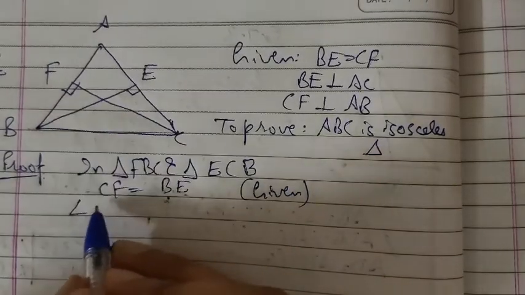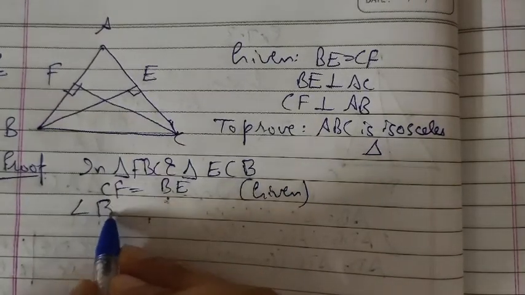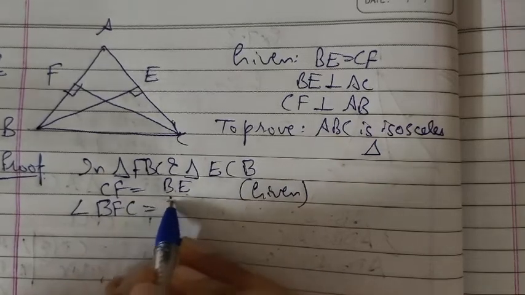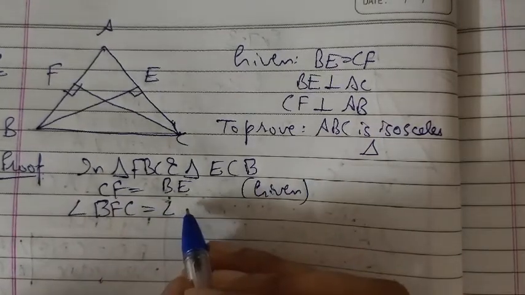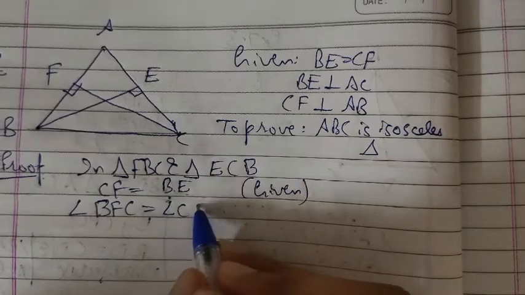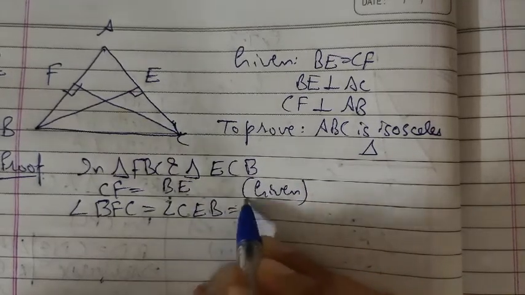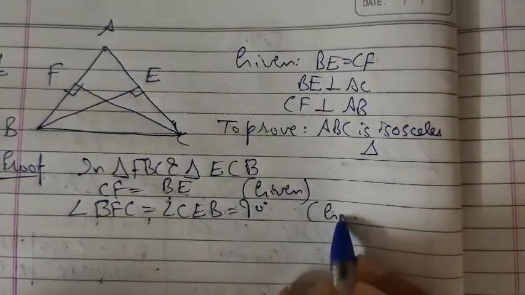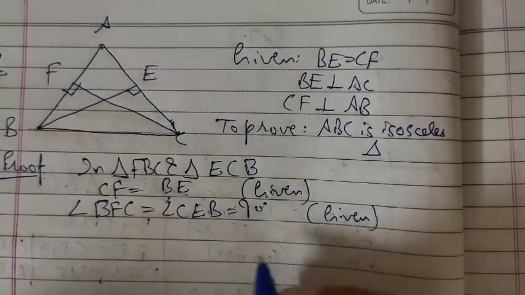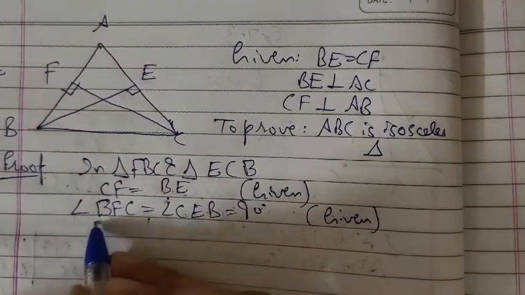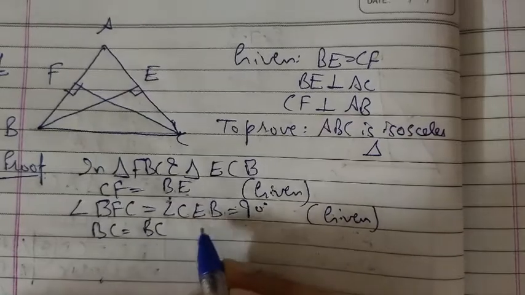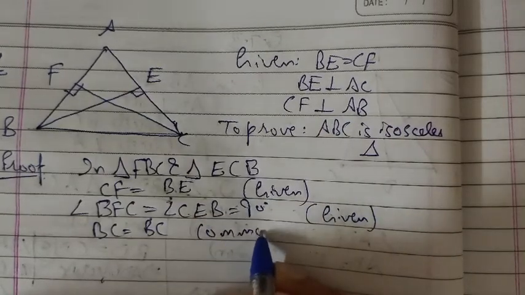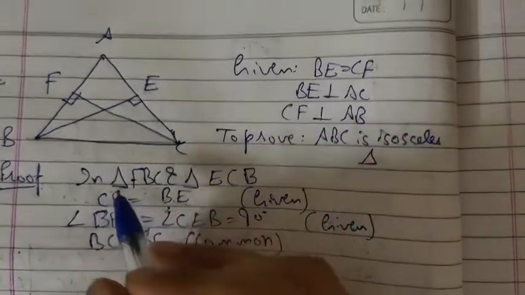Also angle BFC is equal to angle CEB is equal to 90 degree. This is also given because there are altitudes. Now BC is equal to BC, common, right? So which two triangles we have taken?